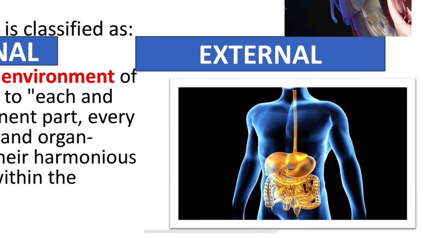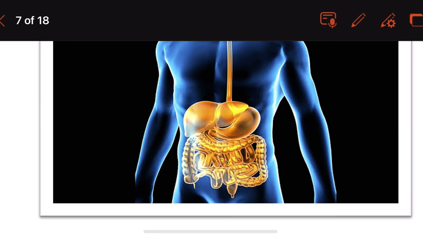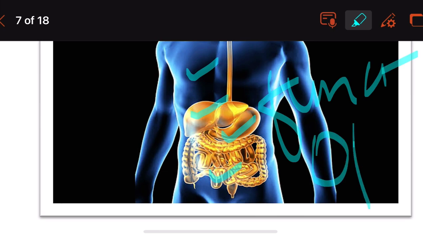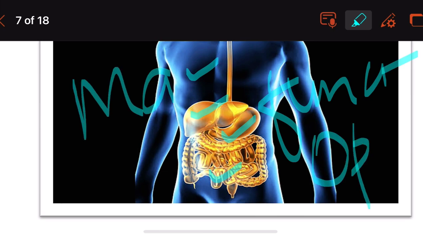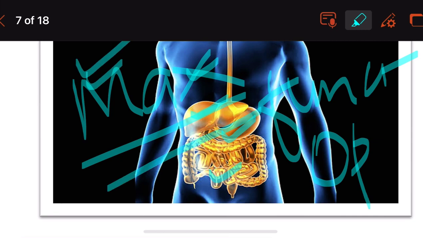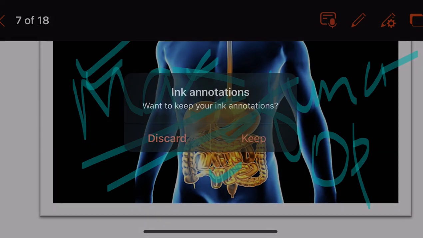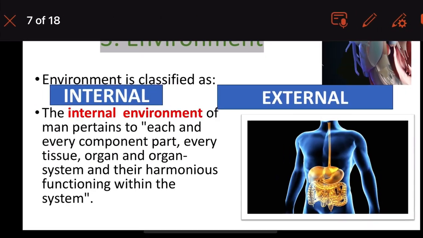The harmonious functioning within the system leads to optimum health. If all the organs are working at their optimum level, at maximum capacity, then there is perfect health. If there is some disturbance in the harmony, it leads to diseases.